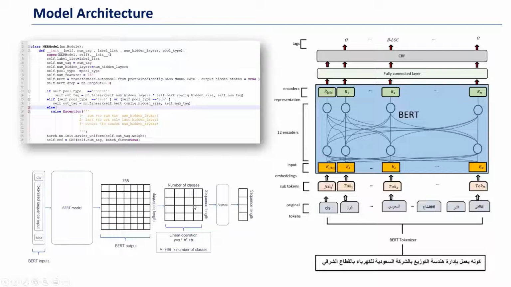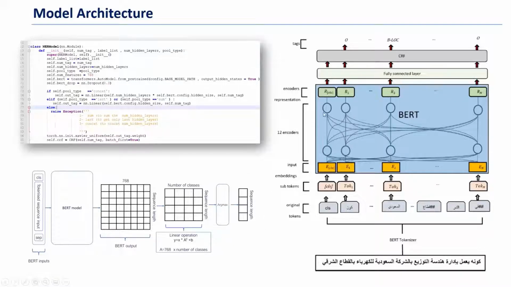Then a linear operation reshapes the output from BERT to the number of classes with the same sequence length. Then we do the argmax to select the best tag for the sequence, and the result will be the shape of the sequence length with the scores for every tag here.